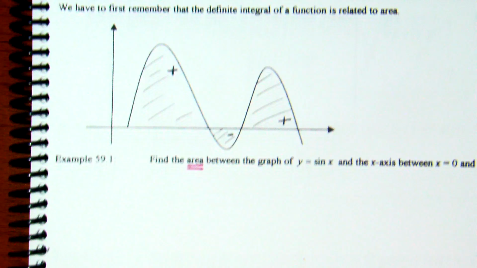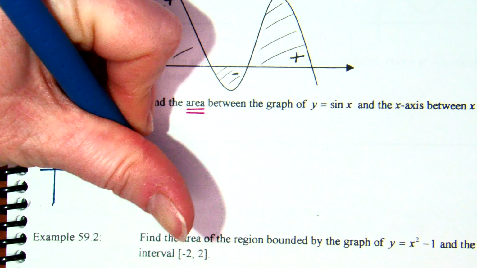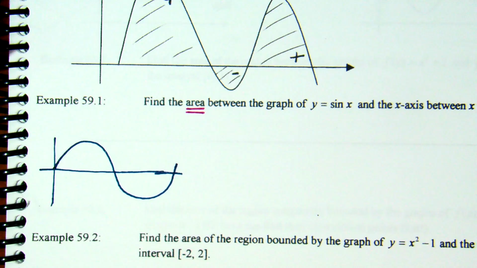Okay, what do you guys know about the sine curve? There's my attempt at a sine curve. Starts at 0, 0. It goes up. It cuts back through at pi.